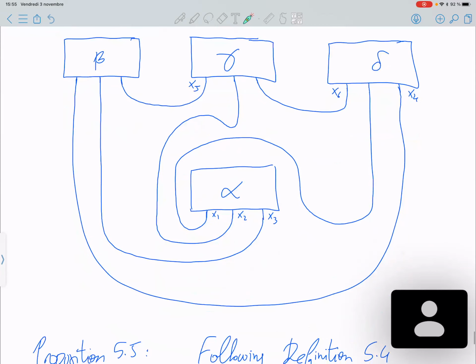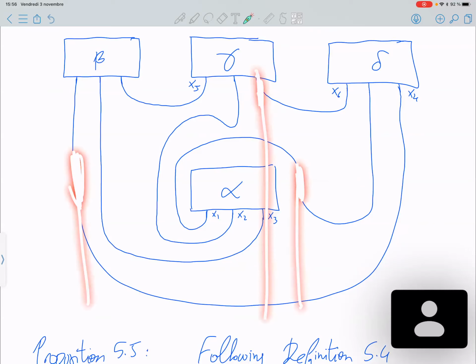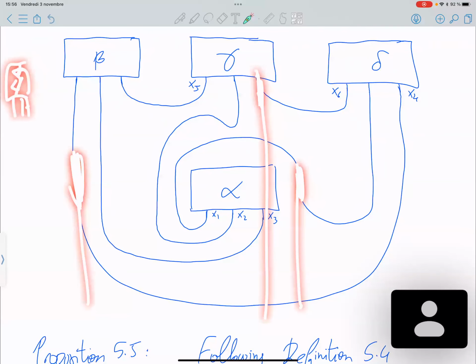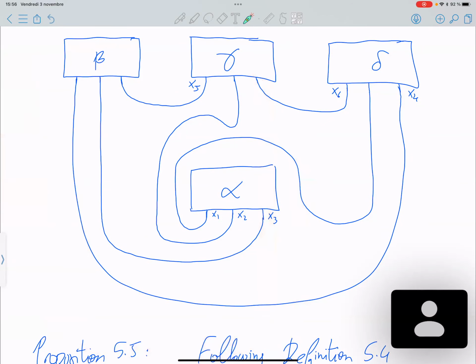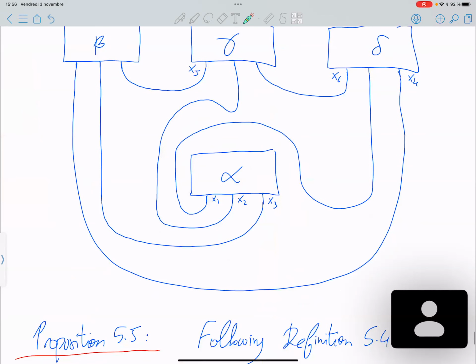This is the right edge of the B component, this one is the middle edge, and this one is the left edge. Then you put delta here, delta double star here, and you connect like that. When you draw the picture and rearrange everything, you get that. Okay.